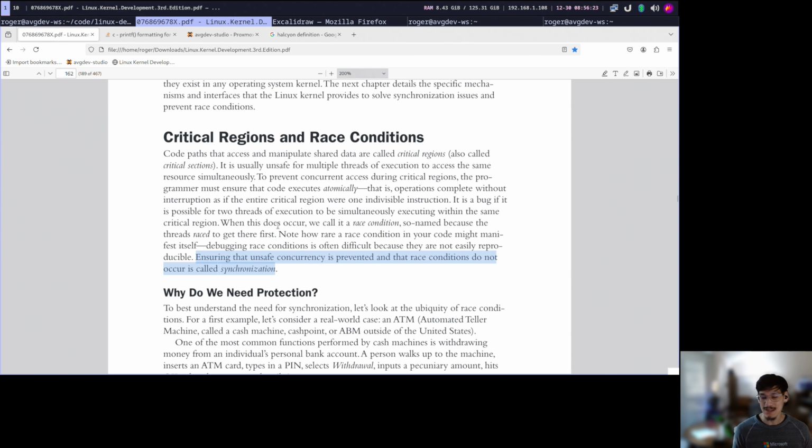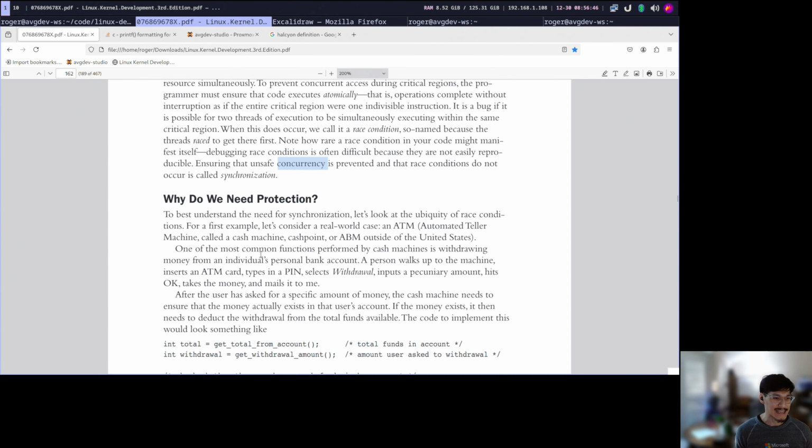It is hard, but it's doable. Ensuring that unsafe concurrency is prevented and that race conditions do not occur is called synchronization. Okay, so we need to practice the art of synchronization to solve all the bad things that come from concurrency. All right.